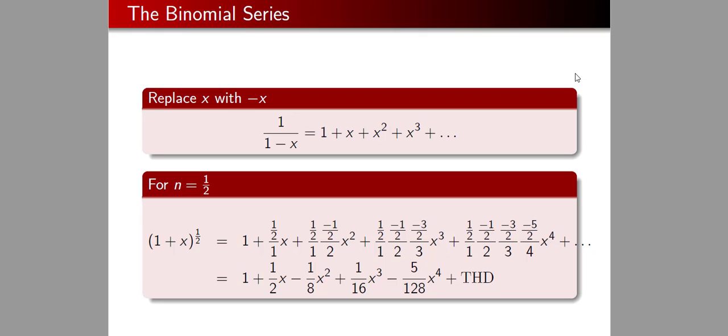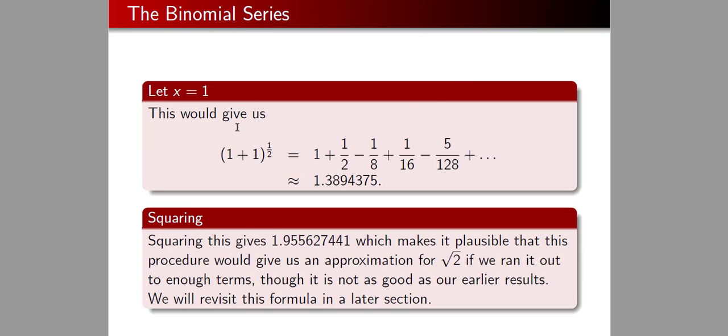Now, this should give me a way of approximating the square root of 2. Let's see here. If I let x equal 1, I go 1 plus 1 to the 1/2 power. I then put in 1 for every x. If I do that, I get an approximation of 1.3856, etc., etc. You see it there.